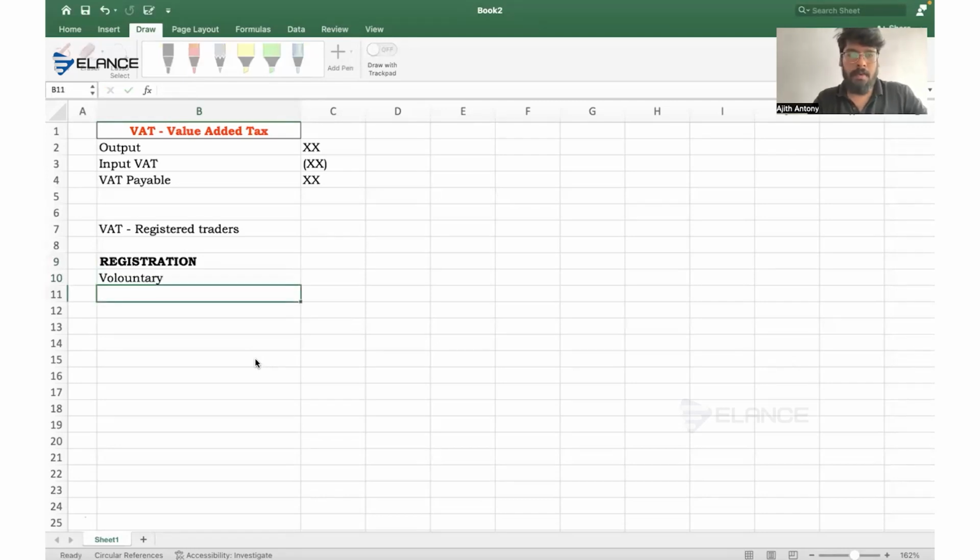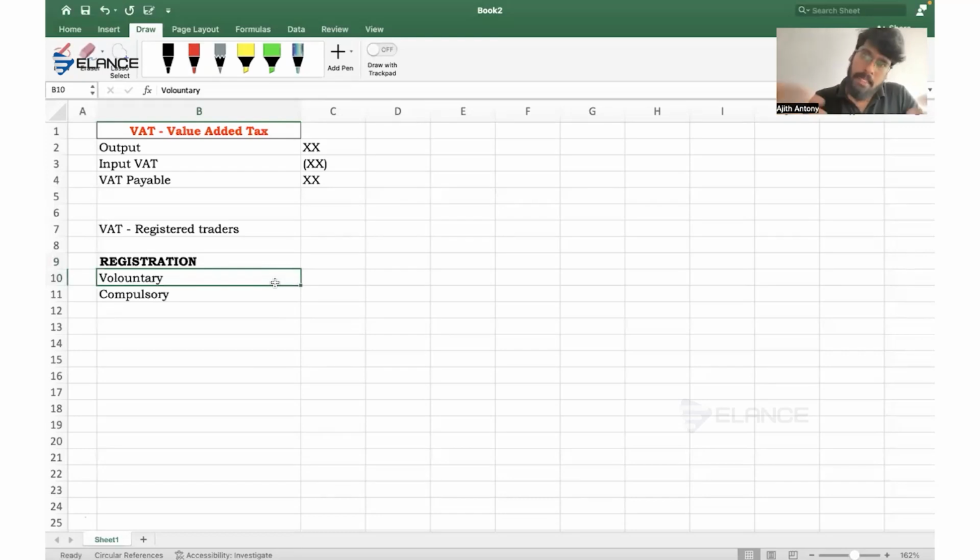Voluntary registration means any trader can register for VAT voluntarily without any restrictions. There is no minimum or maximum amount of turnover, no restrictions of that kind for voluntary registration.